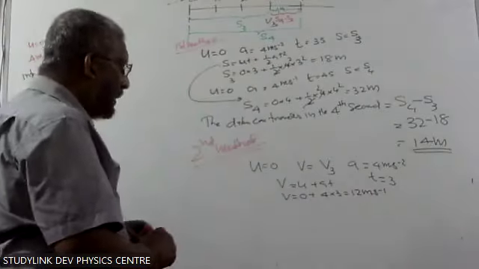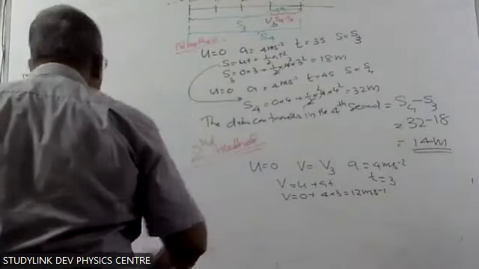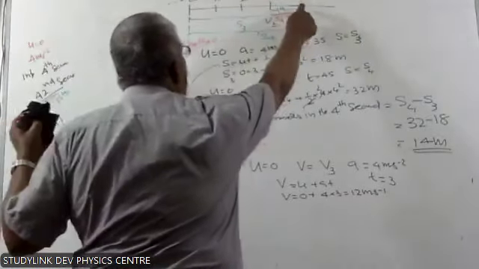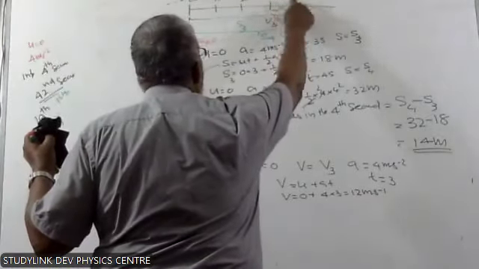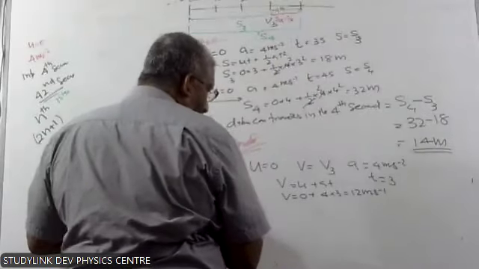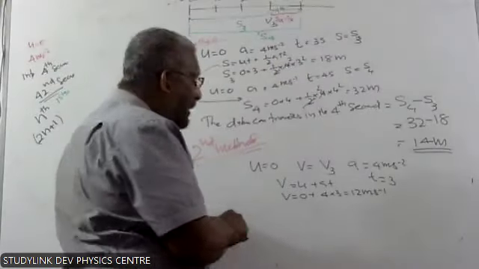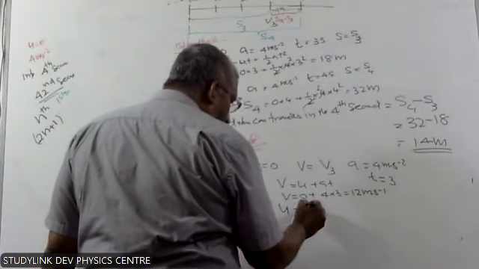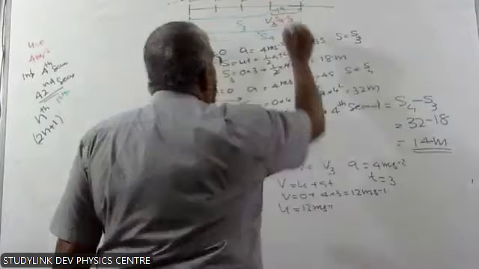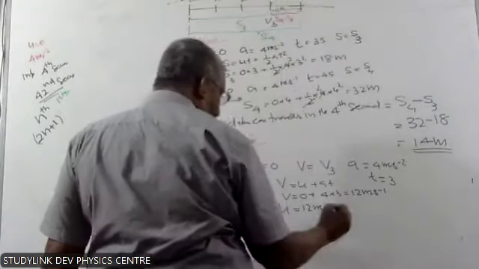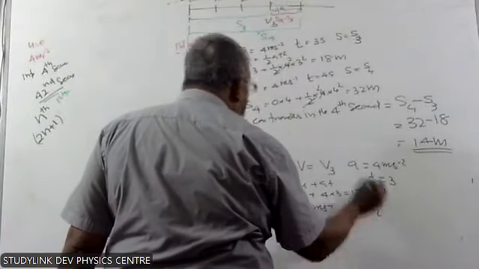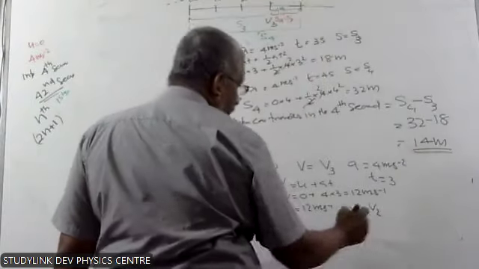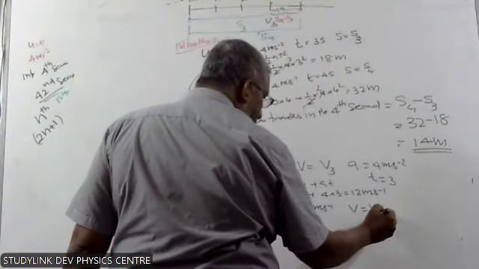After that, from there it is only 1 second, 3 to 4. So directly we can use this equation. That means u is equal to 12 m/s here, and v is v4, the end of the fourth second.